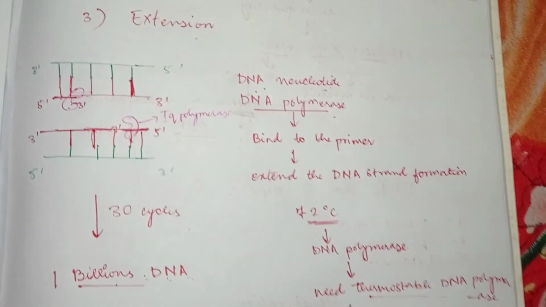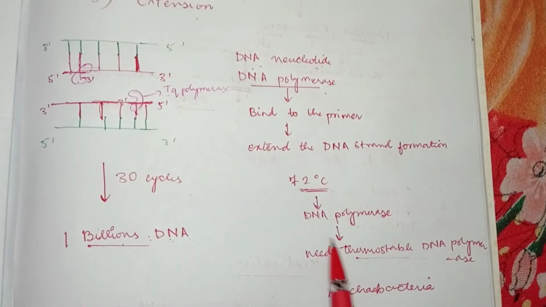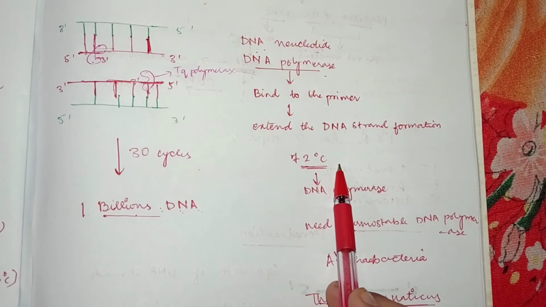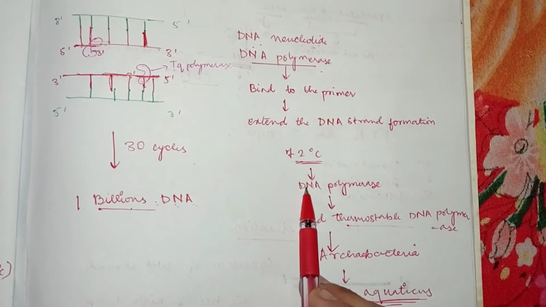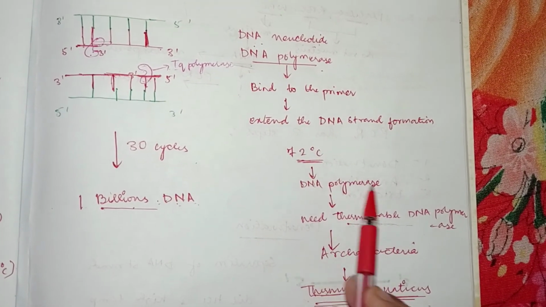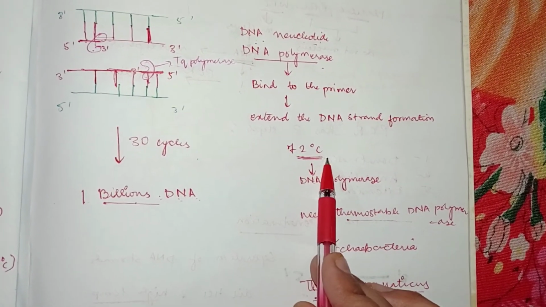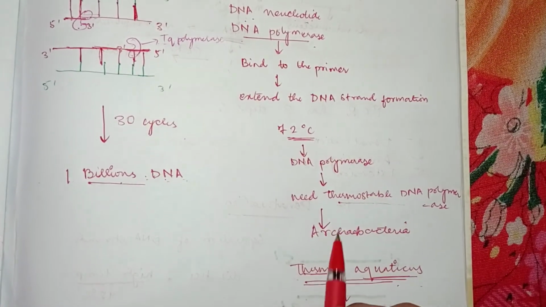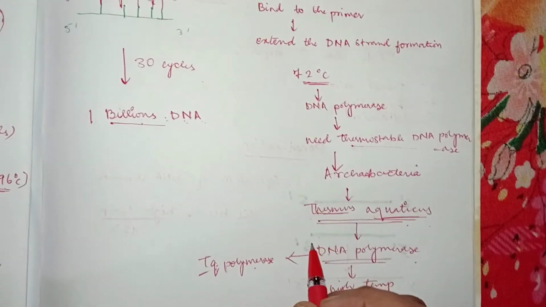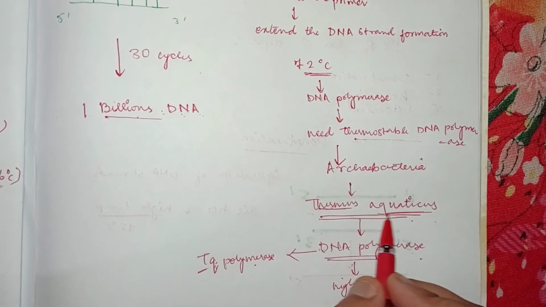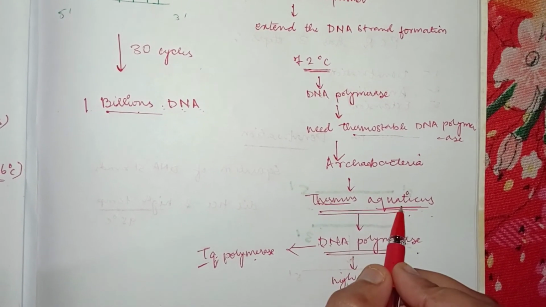The extension step takes place at a high temperature, that is 72 degrees Celsius. Normal DNA polymerase enzyme cannot work at this temperature. So we need to remove a DNA polymerase enzyme from a thermostable bacteria, that is Thermus aquaticus.